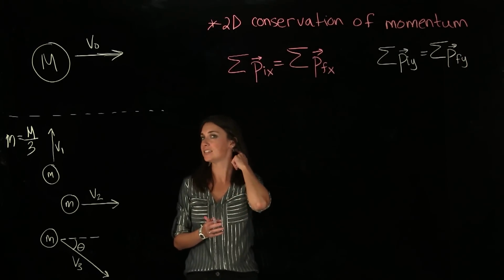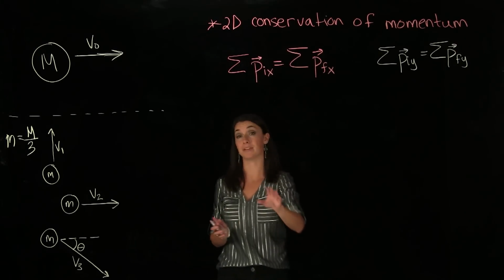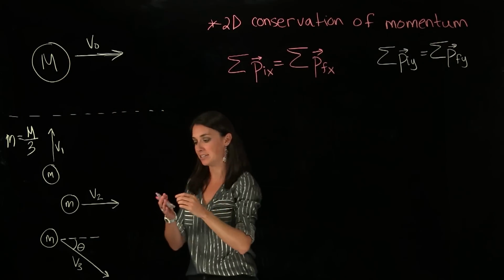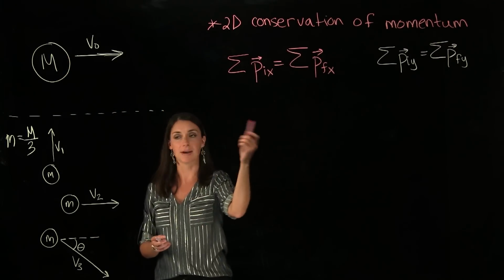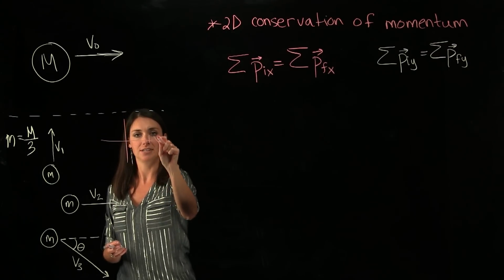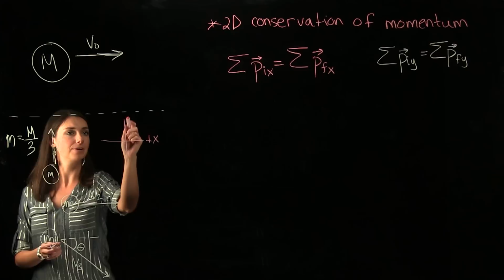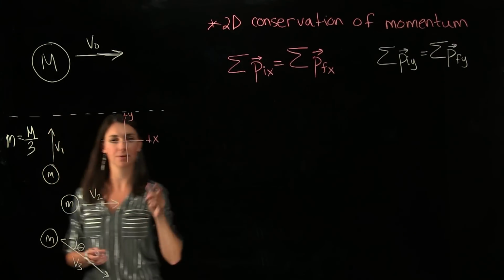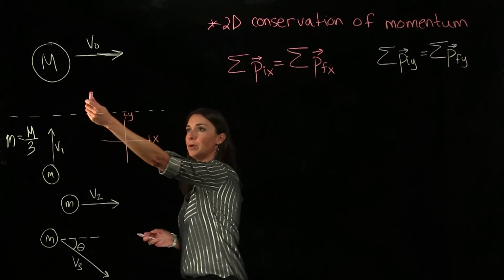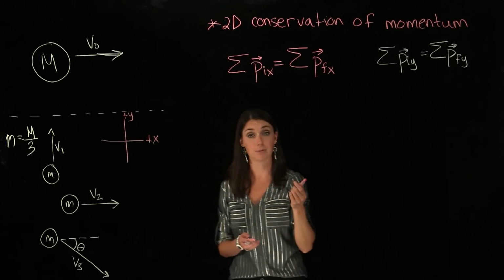So looking at our initial setup, our initial state is where we've got our large combined mass moving to the right. If I think about defining my axes, we'll have our positive x axis going to the right, positive y up, and then the negatives are opposite of that. So I can see that in the beginning, we only have a mass that's moving to the right, which is in the positive x direction.